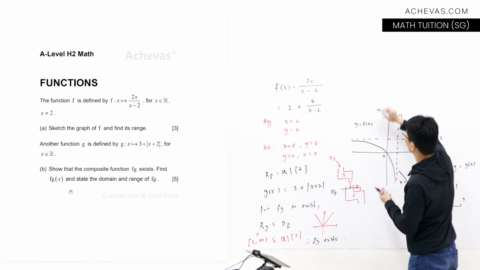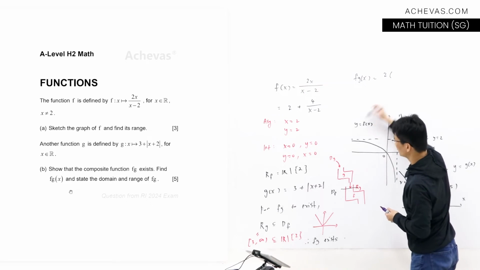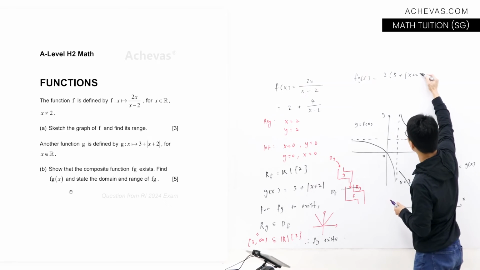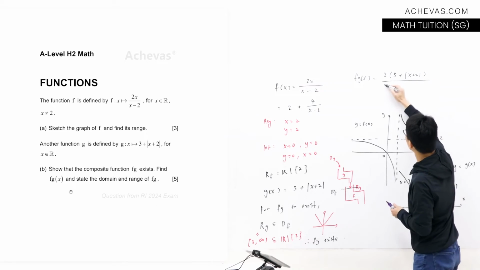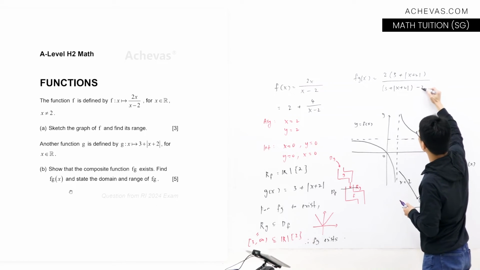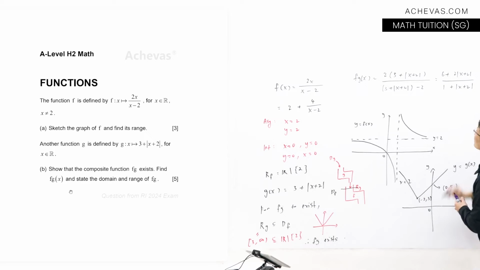So my function of fg will just be 2 replaced with g(x): (3 + |x + 2|) over (3 + |x + 2| - 2). Simplifying, I will get (6 + 2|x + 2|) over (1 + |x + 2|).